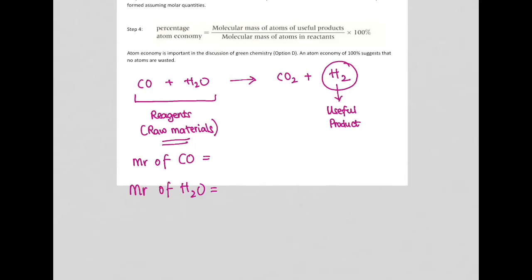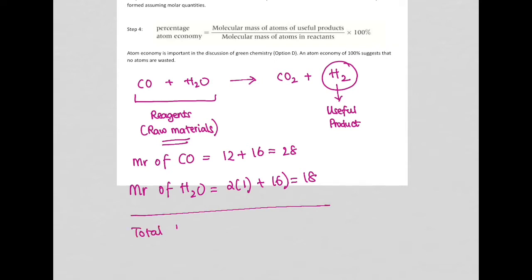So we're going to use the periodic table, find the AR of carbon, find the AR of oxygen, and we add them to get the MR of carbon dioxide. And then we're going to find the MR of water. So 2 times AR of hydrogen plus 1 times AR of oxygen. Right. So we're going to find the total MR of reagents.